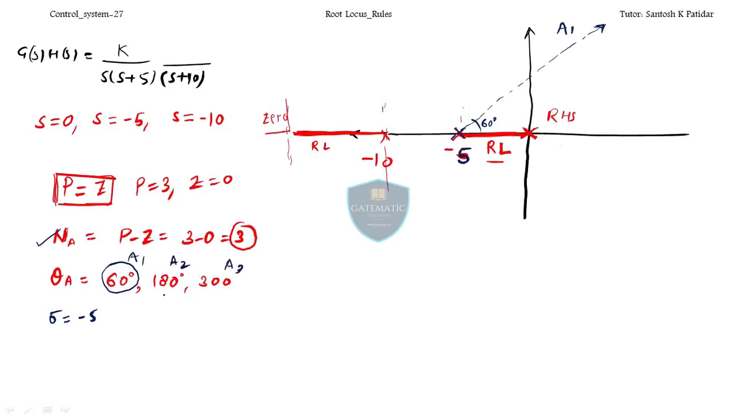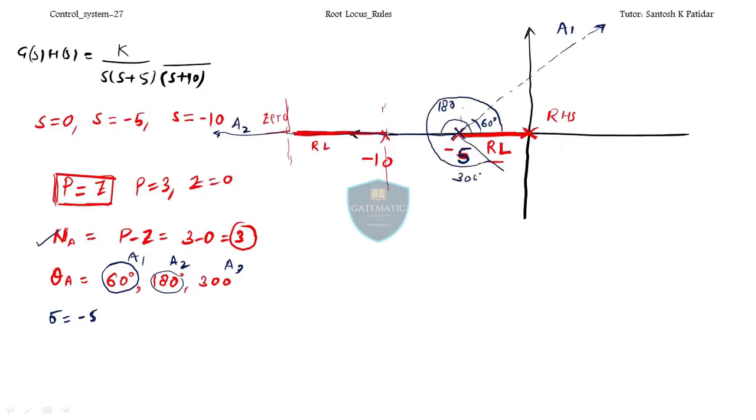The second asymptote will make a 180 degree angle with the real axis and will head towards infinity. So this is fully 180 degrees over here, and this asymptote will go to this side continuously up to infinity. So this is A2. Now what about A3? A3 is making 300 degrees. So this is the 300 degrees over here.